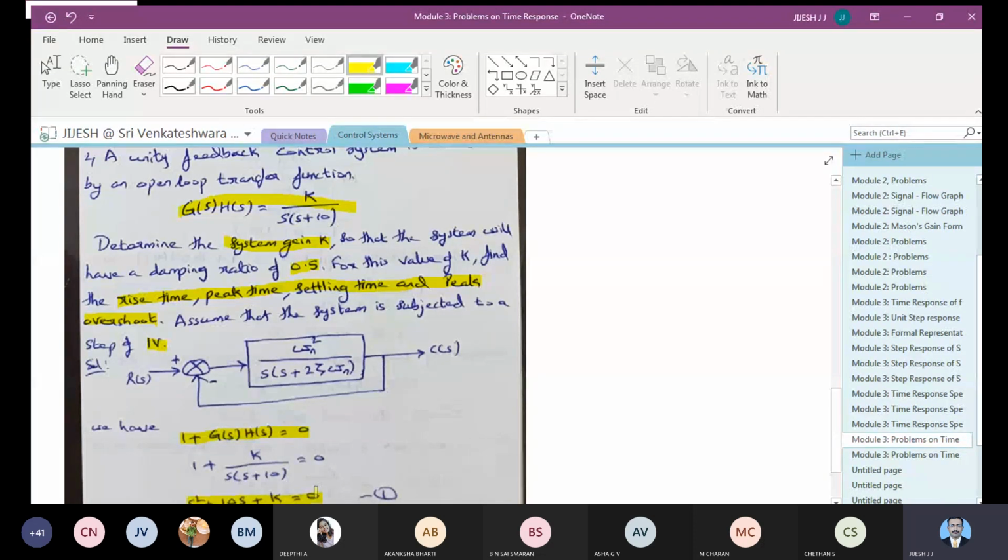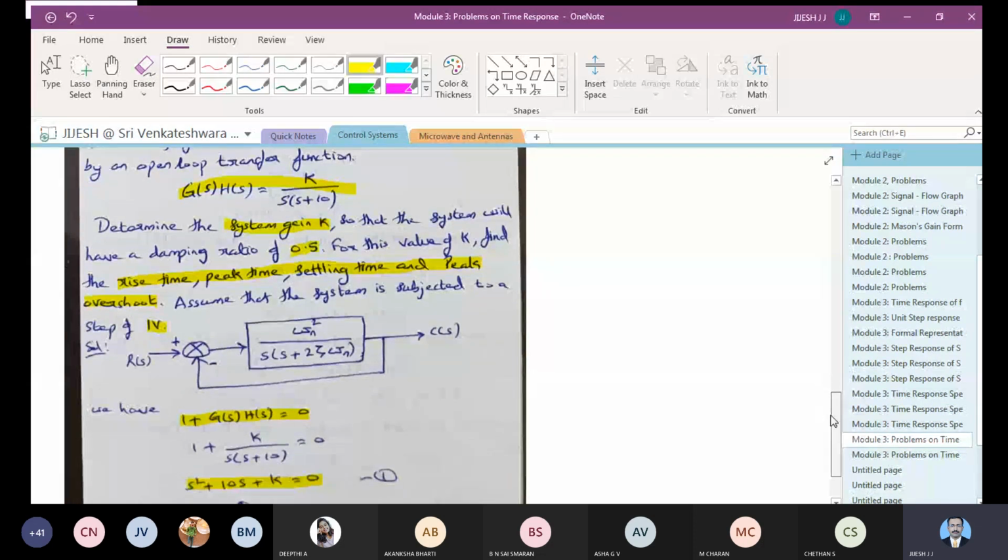That will be equation number 1. So all of you complete till equation 1. We have this value of k as unknown. So we have to find out the value of k and then proceed further.